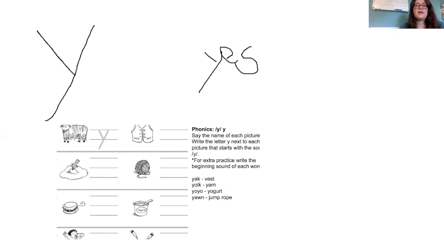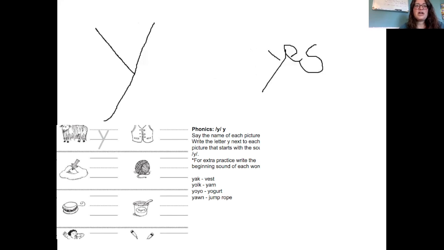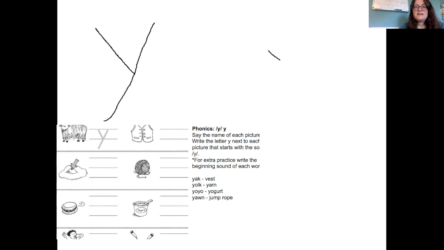So if we go back to the paper that you are going to be seeing here in your packet, here it is. They have a Y here, and look at this nice line that they have that's going to help you. I'm going to close out my little whiteboard. Thank you for bearing with me. Maybe my next video I'll have this a little bit better down.